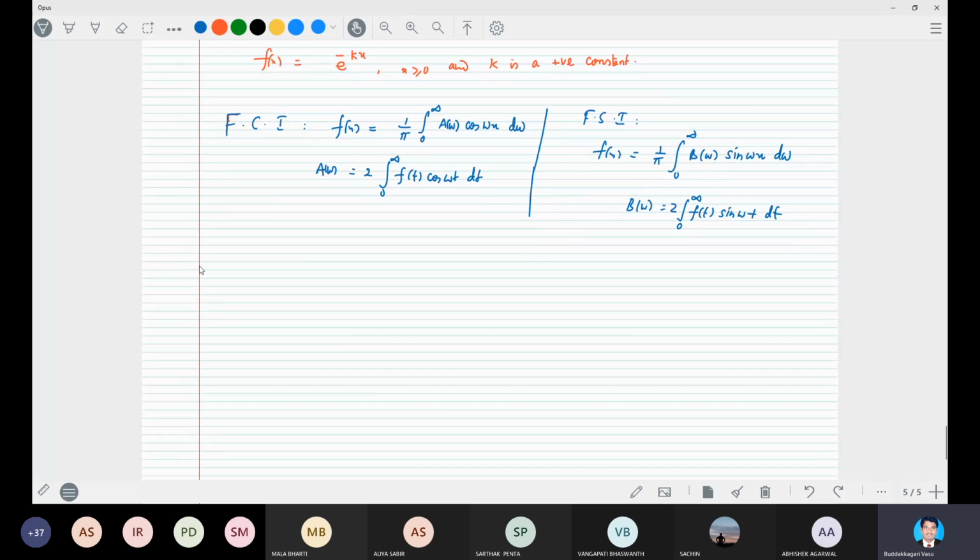Answers are: Fourier cosine integral, f(x) is equal to 1 by pi integral 0 to infinity 2k by (k square plus omega square) cos omega x d omega, right? This 2k can be taken in common, it is not a problem: 2k by pi into integral 0 to infinity.